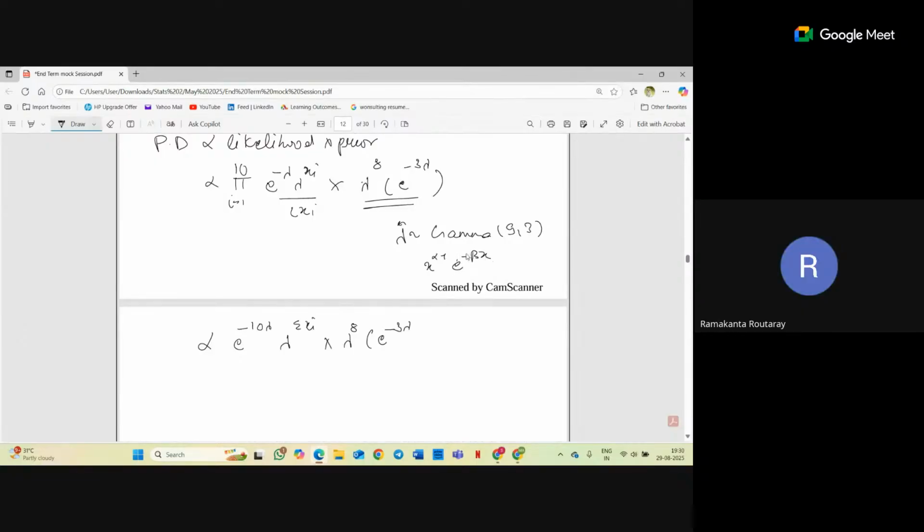In place of x, I have lambda here. So lambda raised to the power alpha, 9 minus 1, which is 8, and e raised to the power minus beta, where beta is 3, into lambda. Fine? Ma'am, is this actually the PDF? Yes, this is the distribution, the PDF.